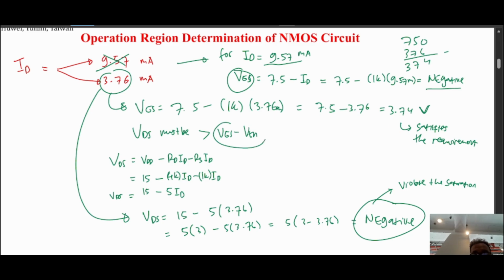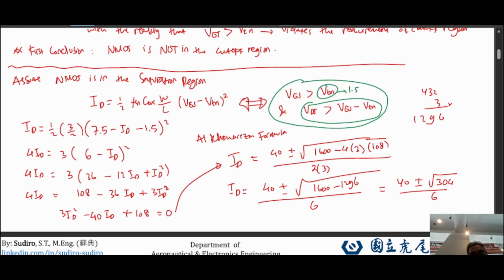If we compare with VGS minus VTN, which is 3.75 minus 1.5, that must be 2.25 volt. In reality, VDS is negative, so it must be less than 2.25. So the assumption that NMOS is in the saturation region has failed also.